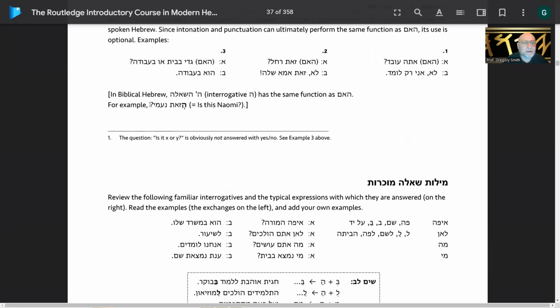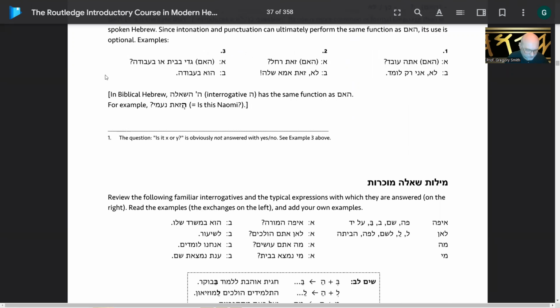So in biblical Hebrew, the interrogative hey has the same function as ha'im. Okay, so let's see, we have ha she'ela, the interrogative. Let's double check that. Ha she'ela. Yeah, the question.